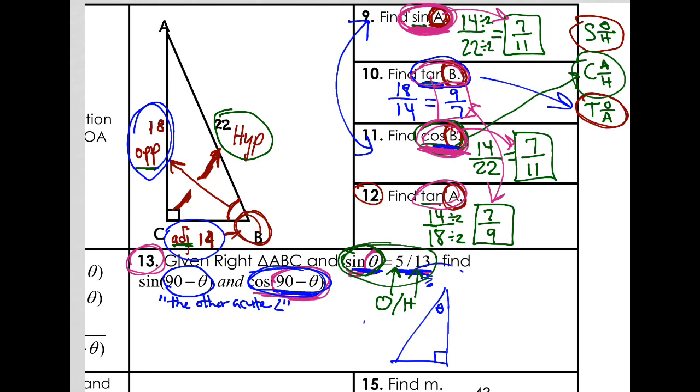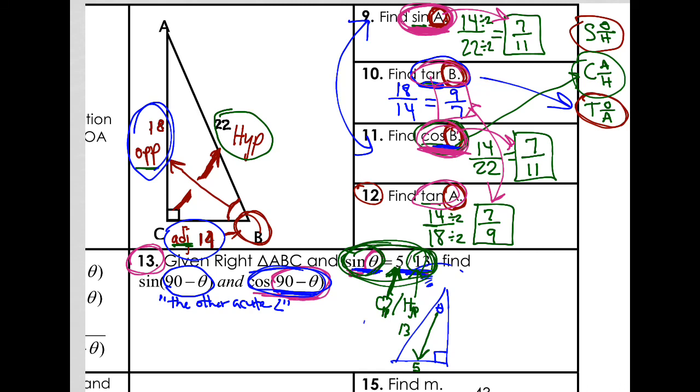Well, that means the opposite of theta, the opposite, OPP, and this is our hypotenuse. So the opposite of theta is, the arrow up there is 5. And the hypotenuse must be 13 in order for their instruction piece to be true. So you already know two side lengths of the right triangle just from the piece of information they gave you.